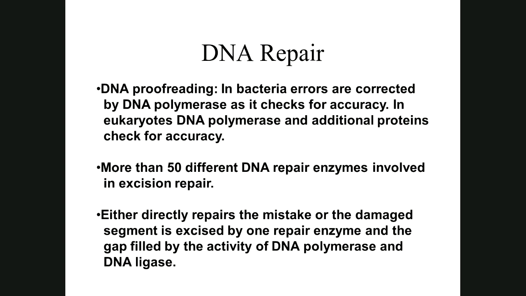More than 50 different DNA repair enzymes are involved in excision repair. They can pull out mutations and repair those spots, put in the correct sequence of bases. Either directly repairs the mistake or the damaged segment is excised, cut out by one repair enzyme, and the gap is filled by the activity of DNA polymerase to lay the bases down and DNA ligase to tie the 2 strands back together.